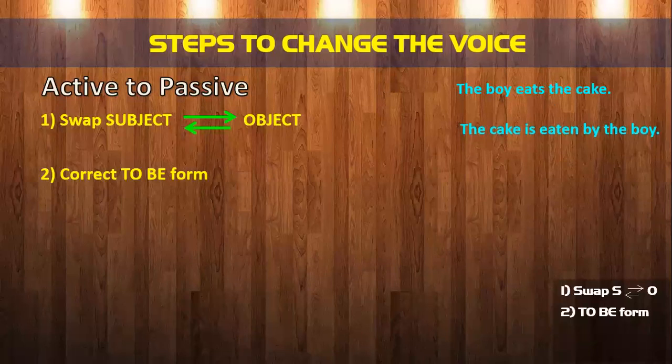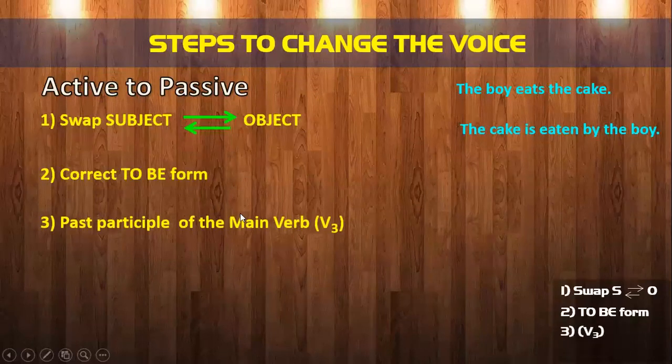No. Hence, when we change into passive voice, we are supposed to make the corrections. While adding any auxiliary verb, we are supposed to consider its tense. For example, the boy eats the cake is a simple present tense. Hence, when I change it to passive voice, I put in is as my helping verb. This is your second step.